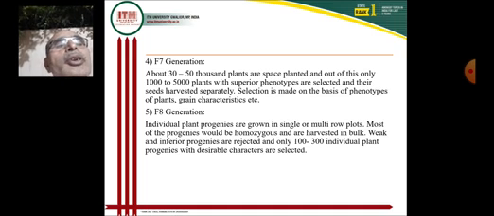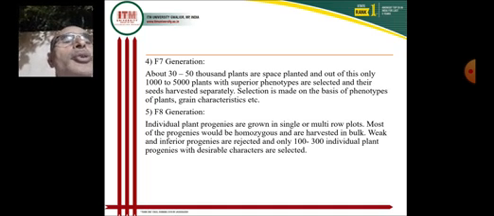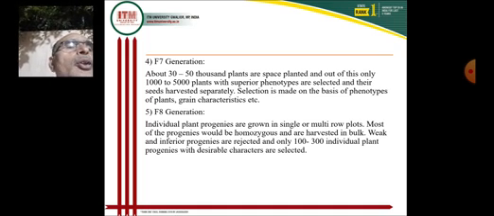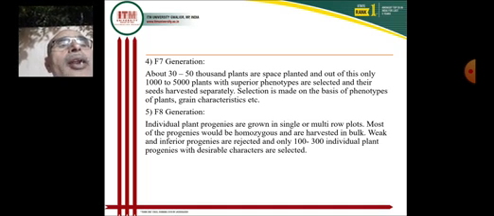So in F8 generation, progeny test is carried out. A type of progeny test in which individual plant progenies are grown in single or multi-row plots. Now all the individuals or the population become homozygous.